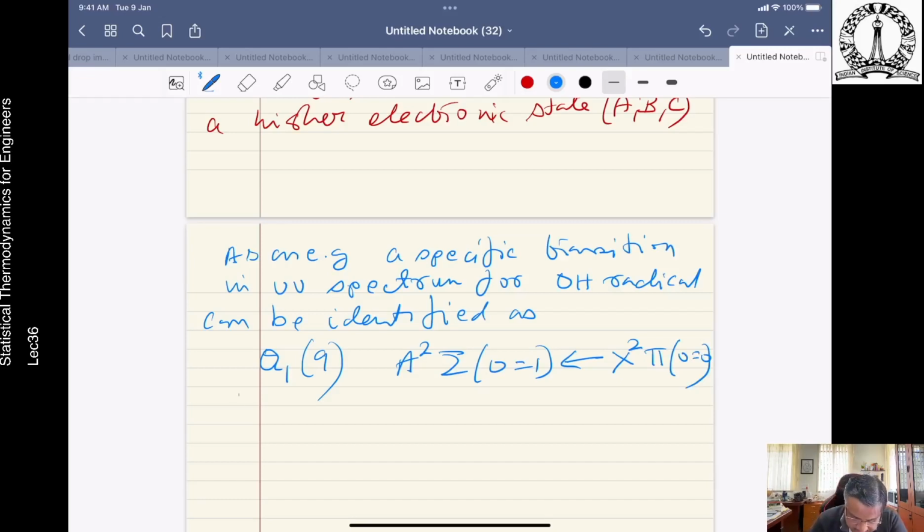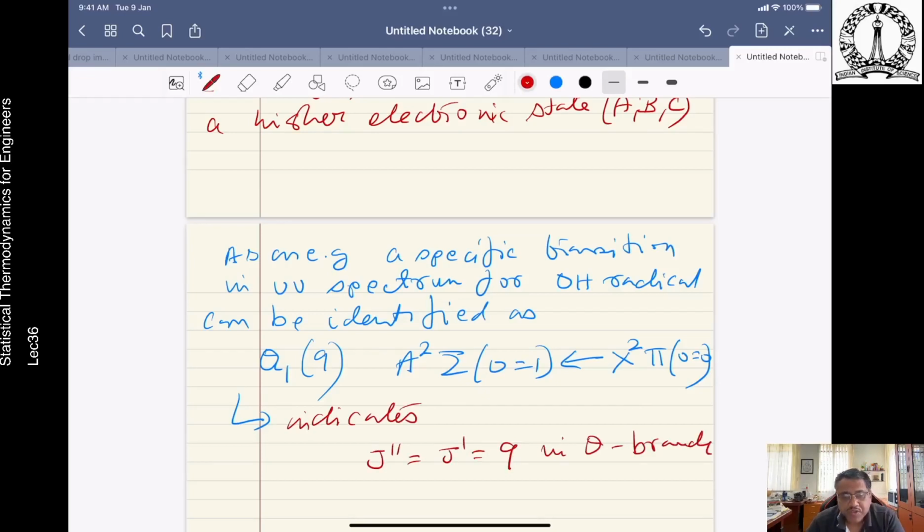This indicates that J double prime equal to J prime equal to 9 in the Q branch of OH, as produced by the absorption of radiation.